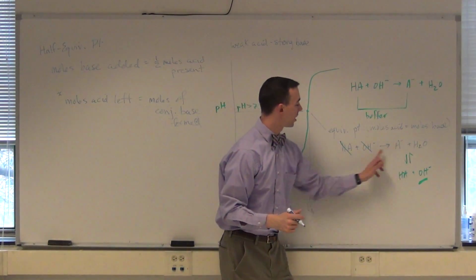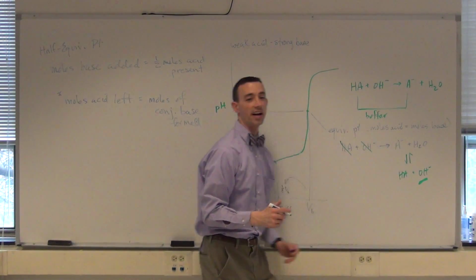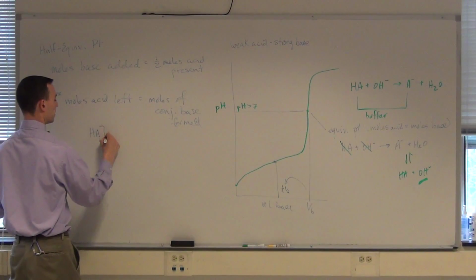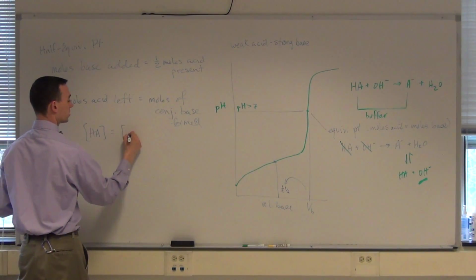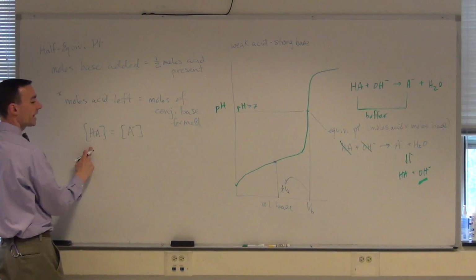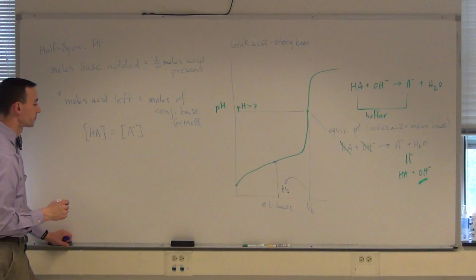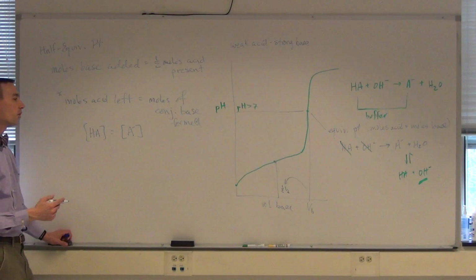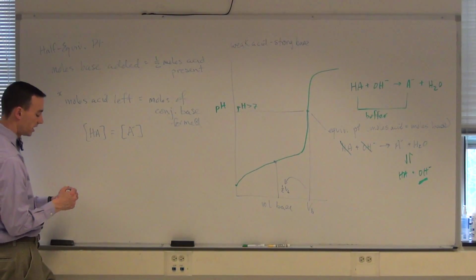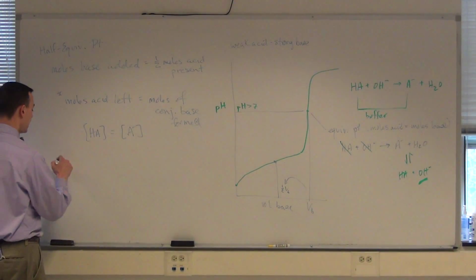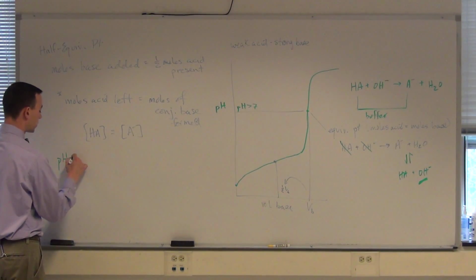Okay? So our HA and our A minus are going to be equal, in other words. The concentration of our weak acid and our conjugate base will be equal to each other. One of the formulas we'll learn in our studies of buffers in chapter 16 is the Henderson-Hasselbalch equation.